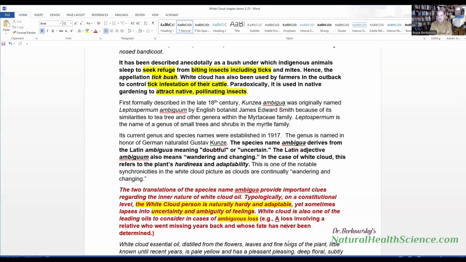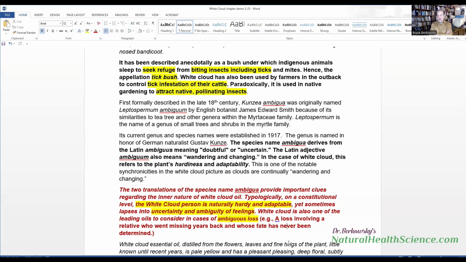It's unresolved. It's ambiguous loss. It's not like that person died somehow, and you grieve for the loss, but it's not ambiguous.